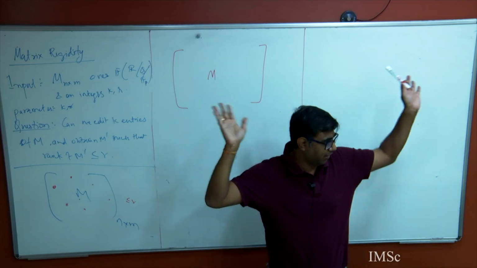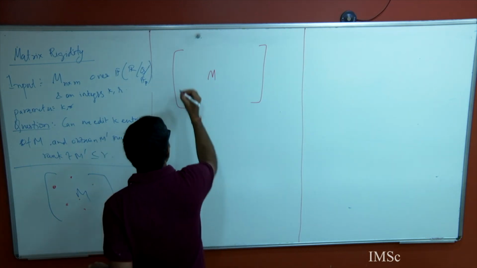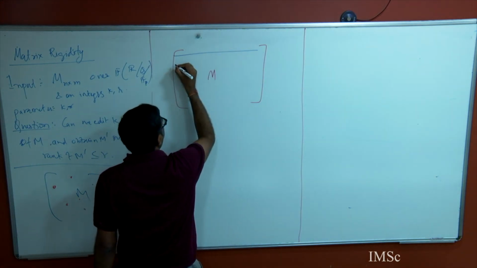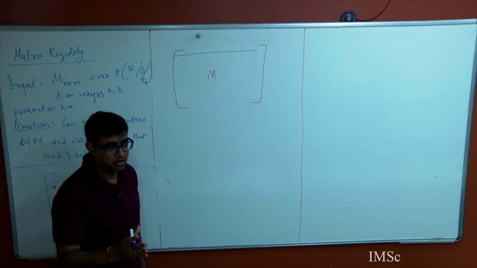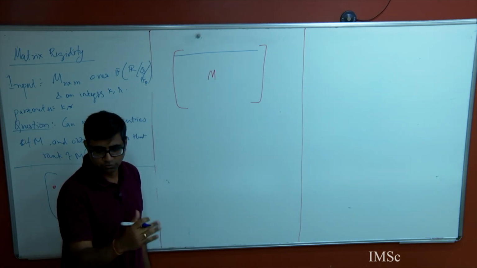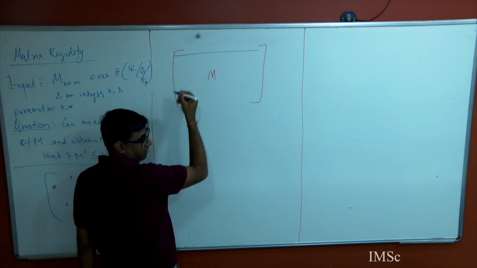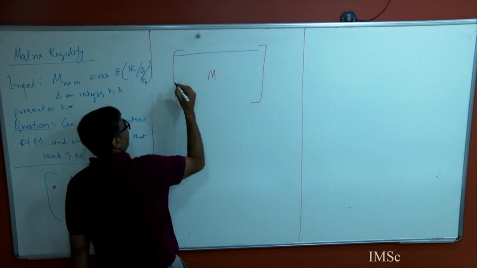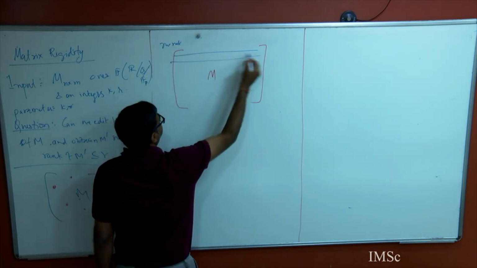No need, we are done. And you know that the rank of a matrix is invariant under permutation of rows or columns. Do you agree? So I find the row rank, which is equal to the column rank.